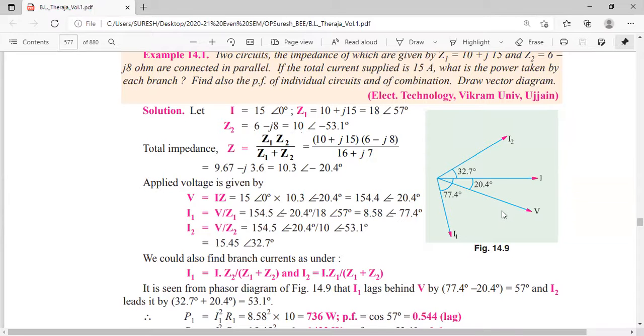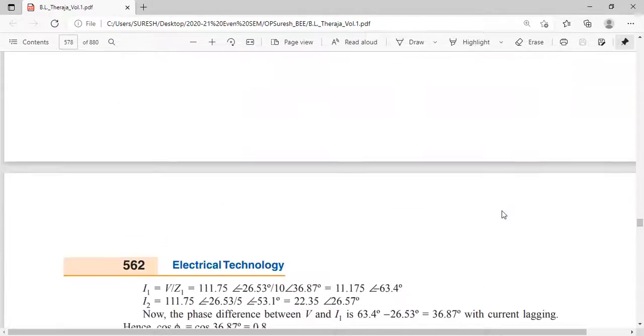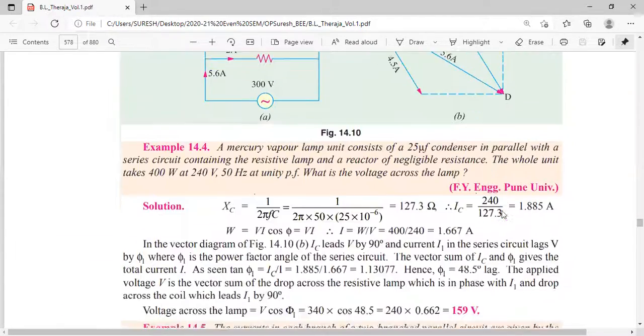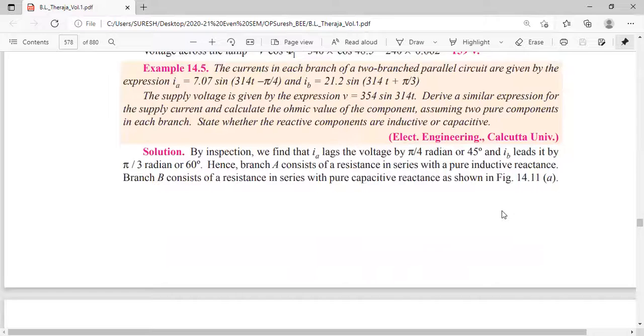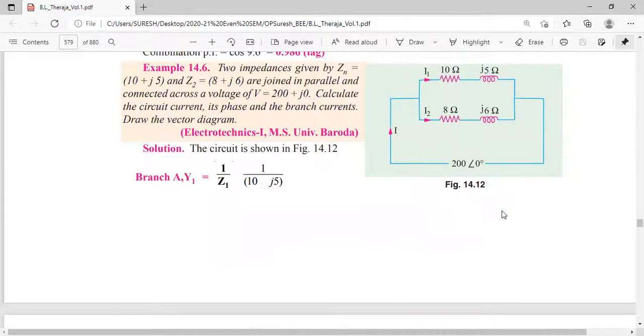Okay, in the next class, take down the assignment. Example 14.6 assignment.